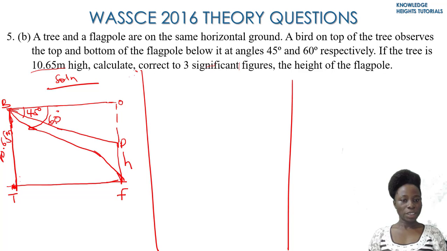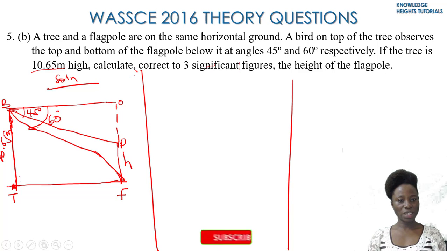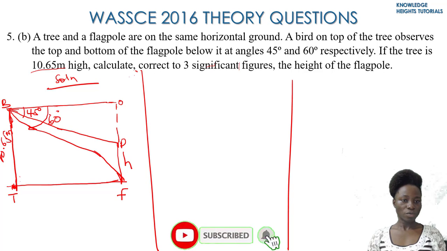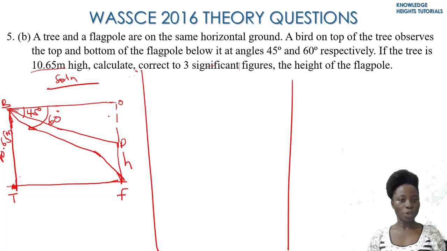So let's see, from this figure we have right here, we can see that this angle FBO, which is 60 degrees, is adjacent to this angle TFO. So this one also becomes 60 degrees. It's alternate, sorry.